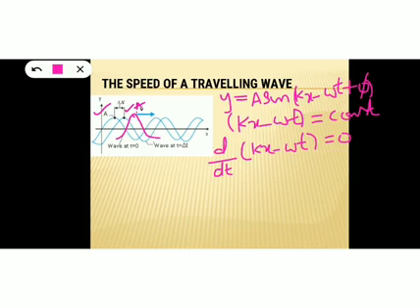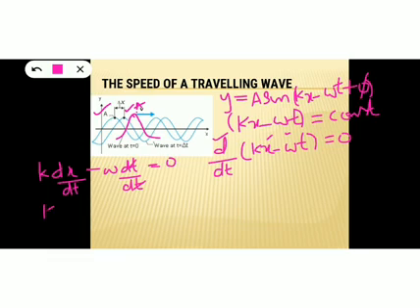Now differentiate this expression, that means apply the operator d/dt to kx first, the first term in this bracket. When you differentiate kx, k is a constant, so apply the differential operator to x, and you get k d/dt of x. Then the next term is ωt, so apply d/dt to ωt. You will get ω into d/dt of t, and dt/dt is 1.